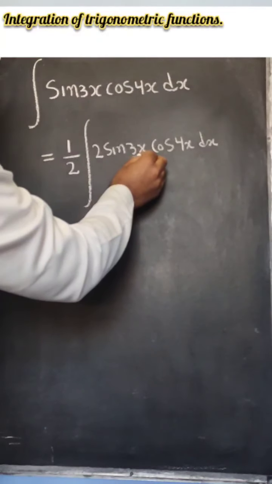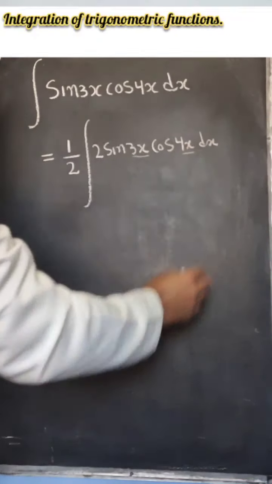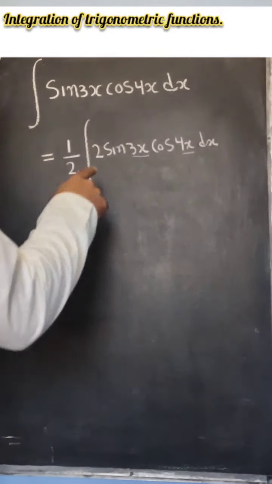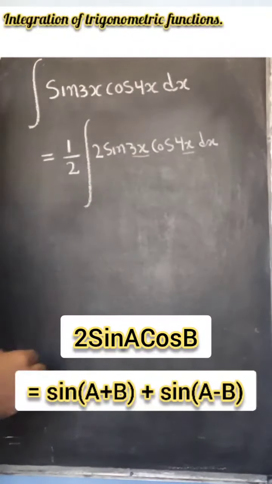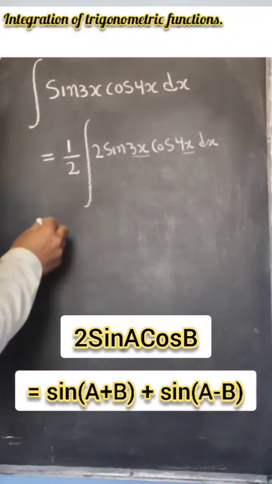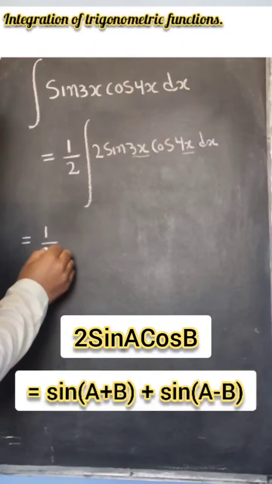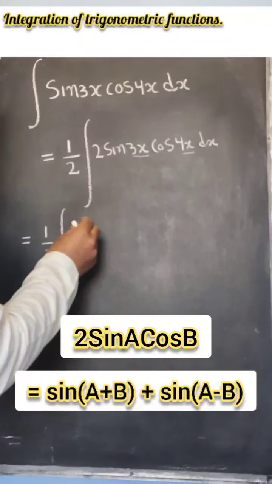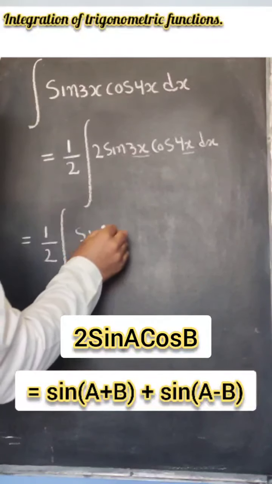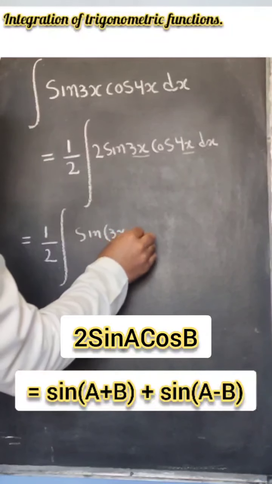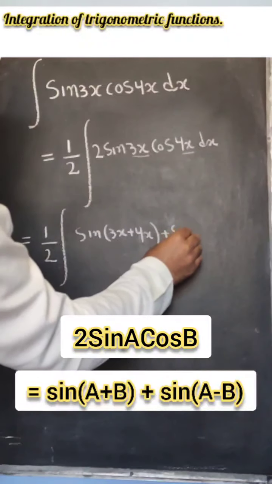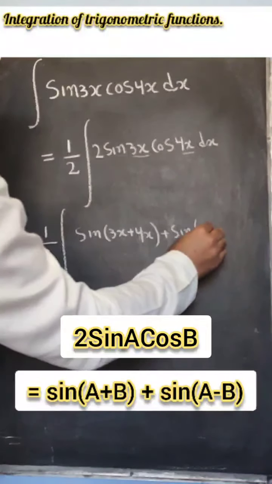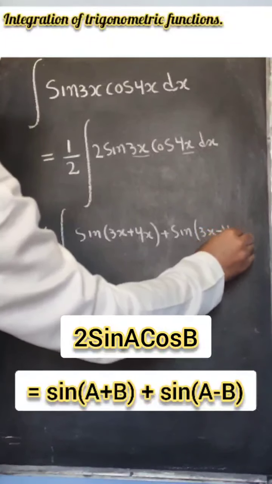If we treat 3x as A and 4x as B, then we can use the formula twice sine A cos B, that is equal to sine A plus B plus sine A minus B. So we can write it is 1 by 2 integral sine 3x plus 4x plus sine of 3x minus 4x.